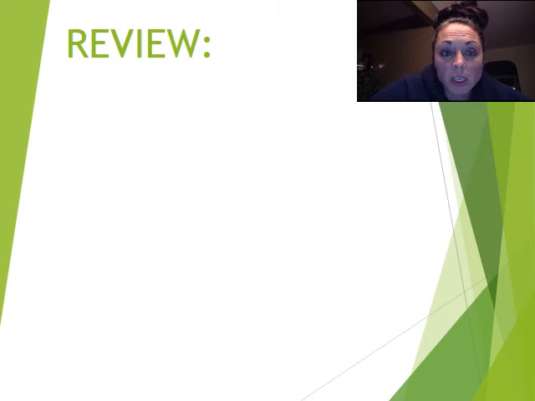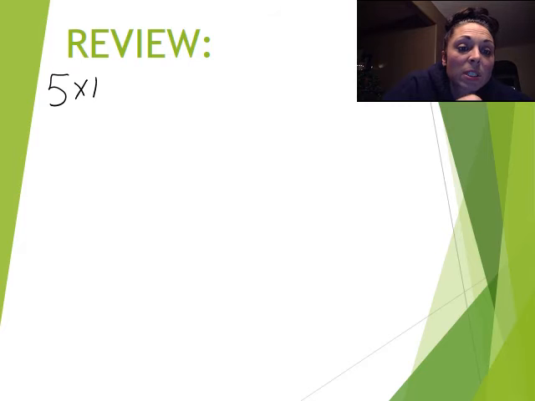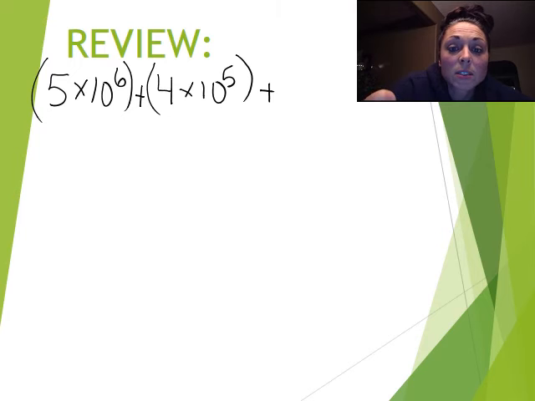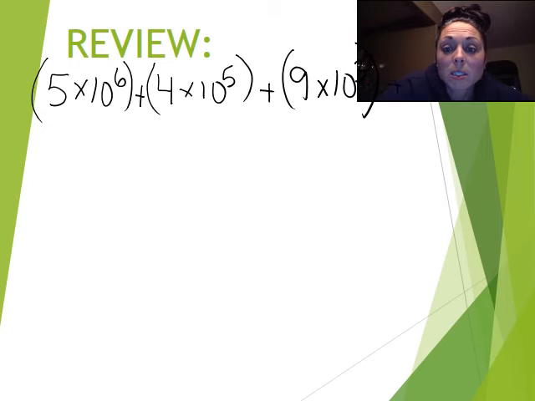We also learned about the base 10. So if I have the answer of 5 times 10 to the power of 6 plus 4 times 10 to the power of 5 plus 9 times 10 to the power of 3 plus 7 times 10 to the power of 0.